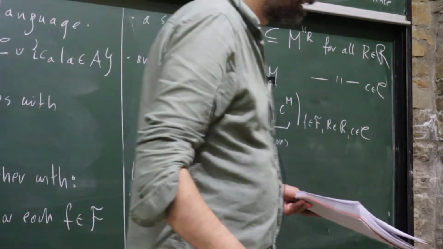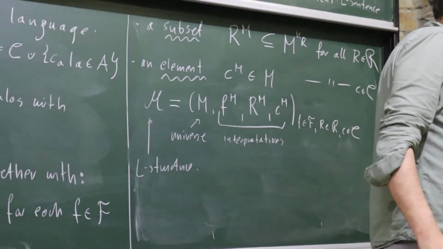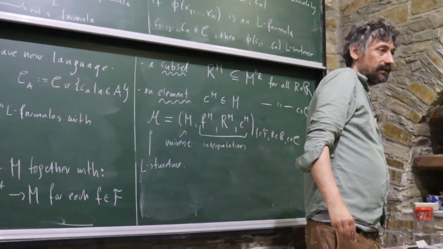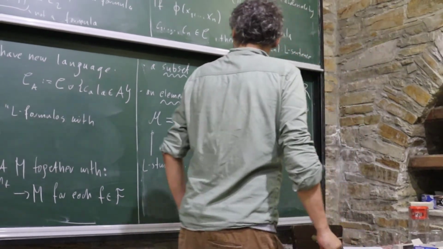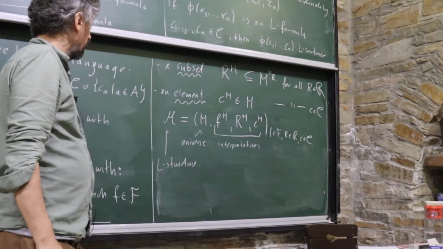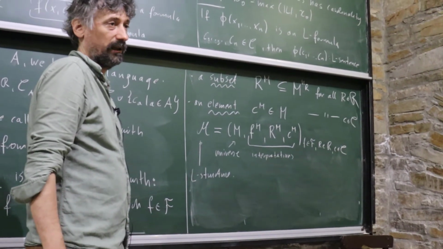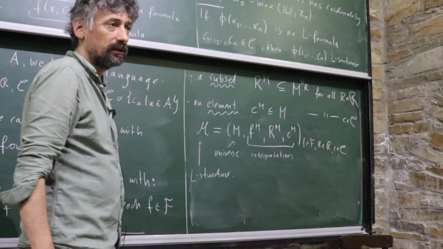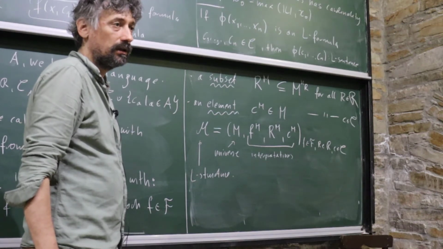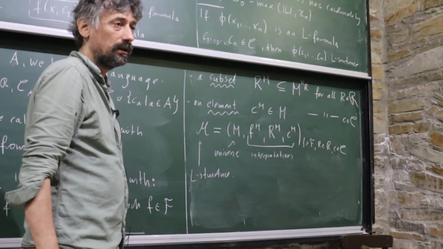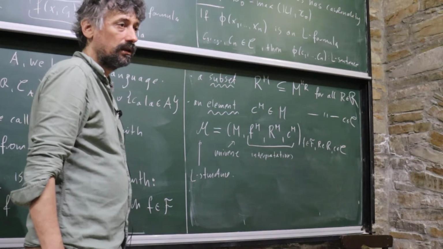Except the constants, there are no elements in the universe, right? So you define an element as a constant. There may be no constants in the language. Except the elements from the constants, there are no elements. So by definition of it, right?